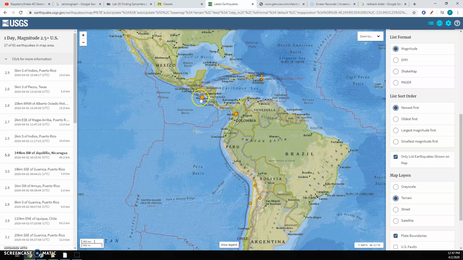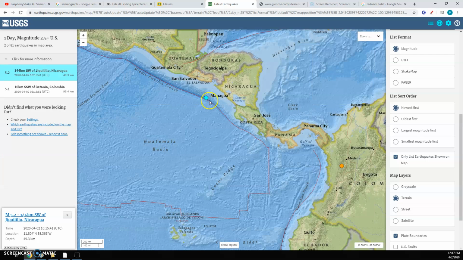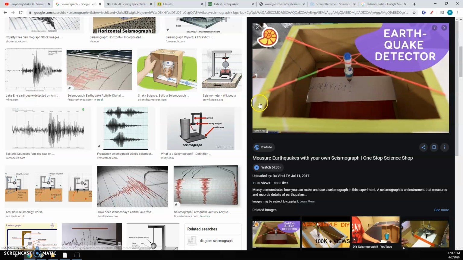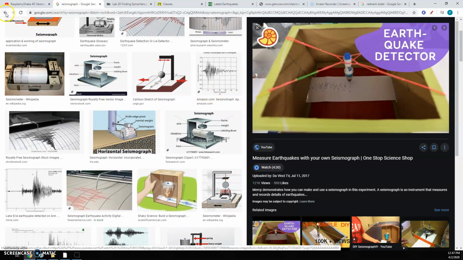So here's the biggest one that happened today. It was in Nicaragua. It was a 5.2. But how do we know that that is the exact location of that earthquake? How do we know it occurred at that exact latitude and longitude? Well, first of all, we use seismographs to measure earthquakes.